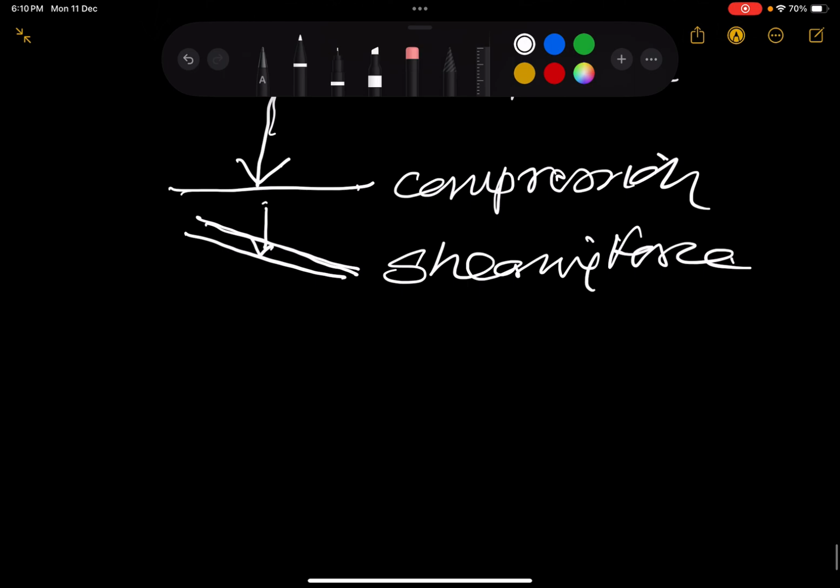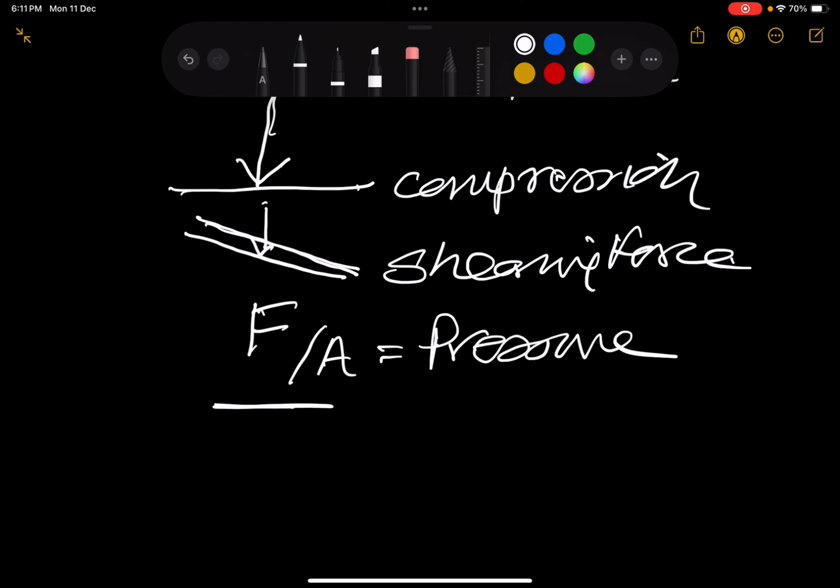The second thing is that if the area is less, then force upon the area is called pressure. So, for example, there are achondroplasics.